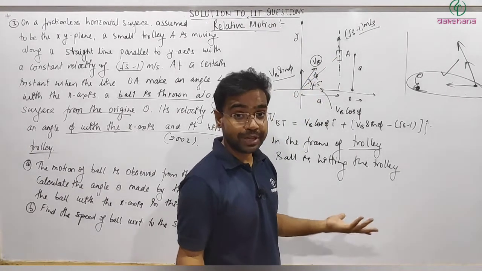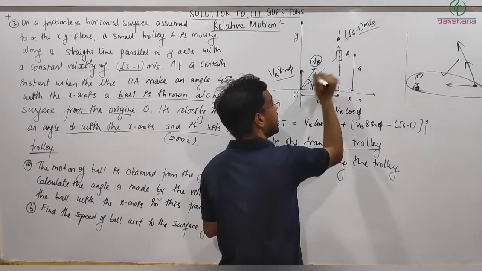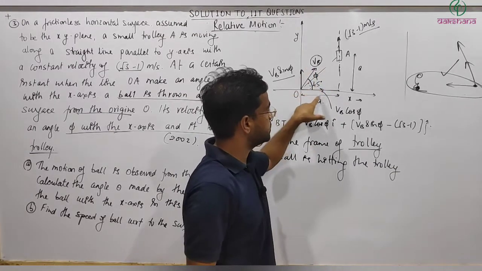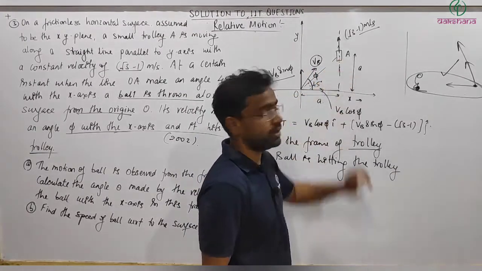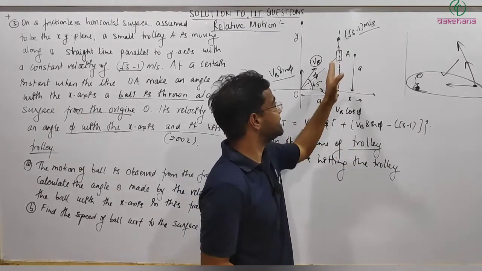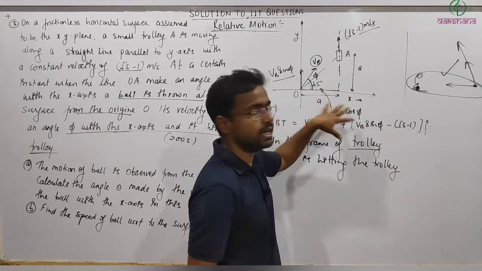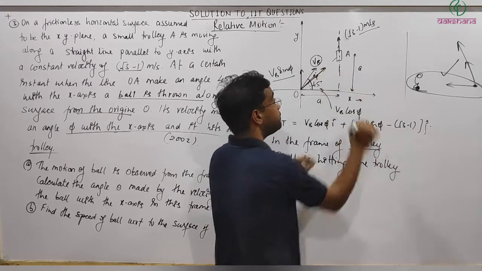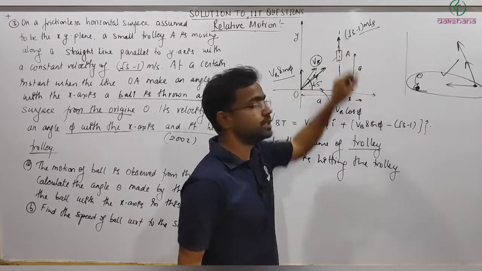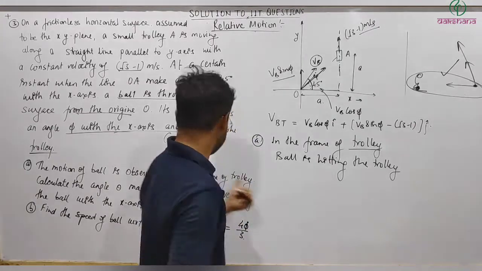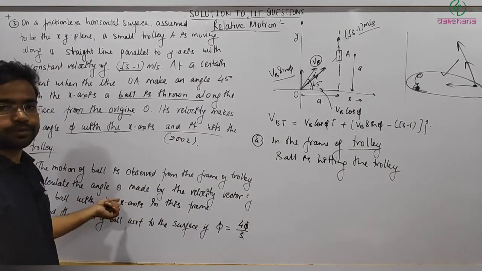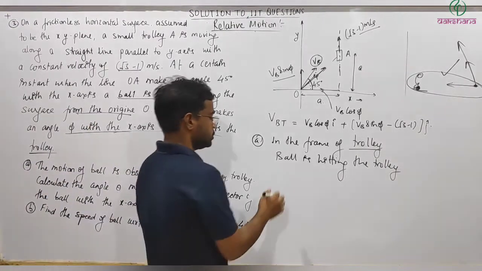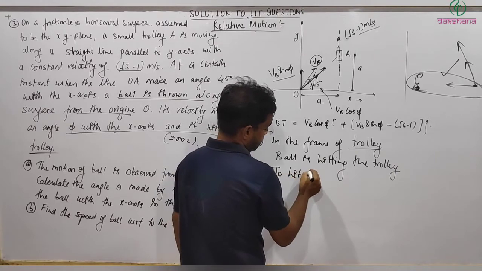So the angle made by the velocity of the ball with respect to the trolley with the x-axis must be, because the trolley itself is at 45 degrees with the x-axis, that same angle. If the ball is projected along this direction from the frame of the trolley, only then can it hit the trolley. I hope you are understanding. So we straightforwardly get the answer for part A, that theta must be 45 degrees.